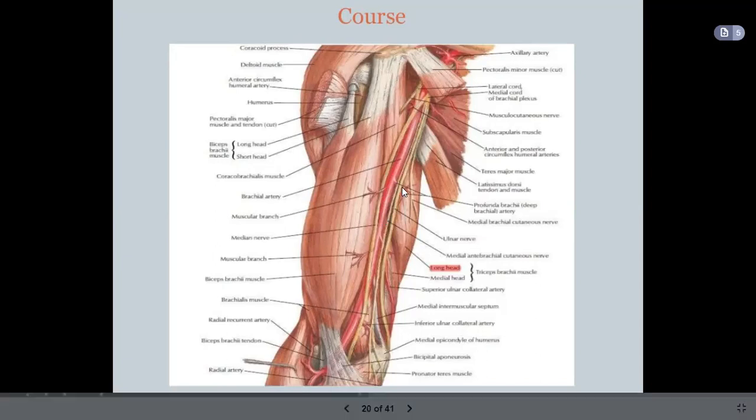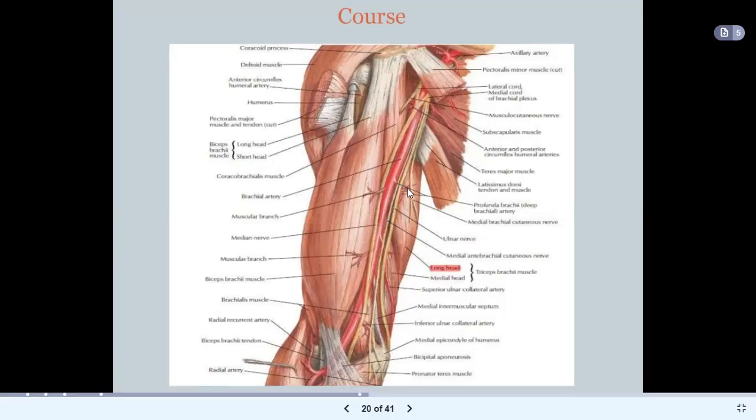Why? Because this profunda brachii that comes here will still supply blood down to the elbow joint and the muscles that are down. But if you ligate the artery above the origin of the profunda brachii, blood supply to the rest of the arm will cease.